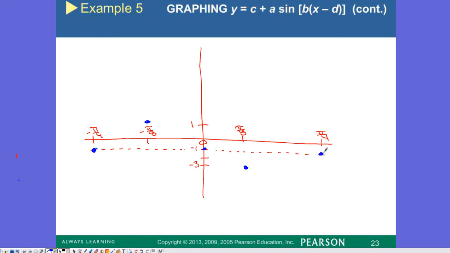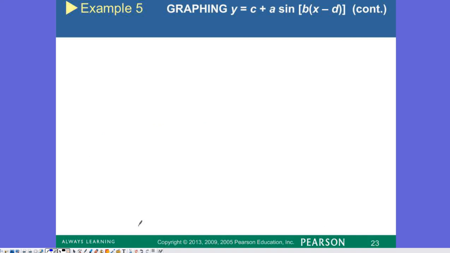So I kind of stretched out my graph here. That's probably one of my worst graphs so far. I'm sorry. Do you want me to redo it? Let's see if I can actually do it real quick. I got this, I know I can do it.